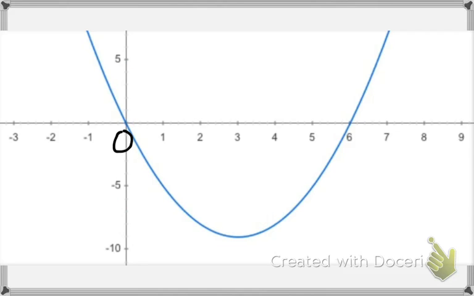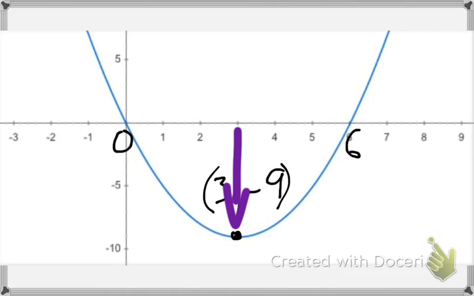The x-intercepts are 0 and 6. So it crosses the x-axis at 0 and 6. The vertex, down here, the vertex is 3, negative 9. Okay, and you can see that, there you go, it's 3 and negative 9.